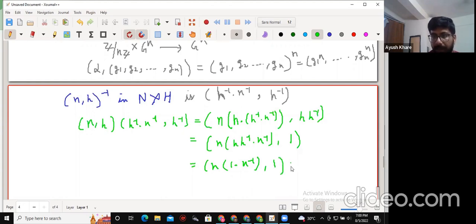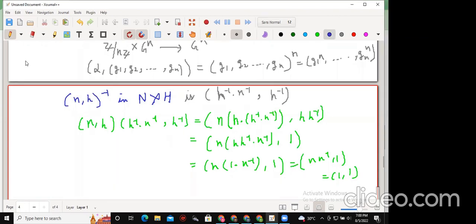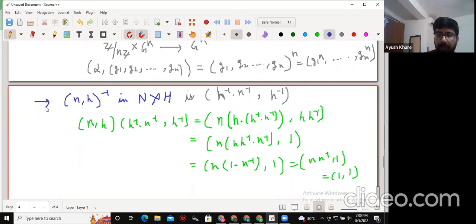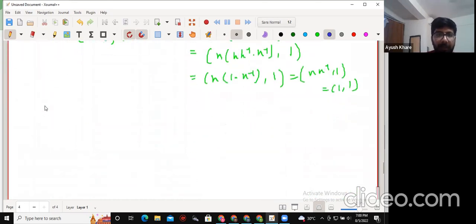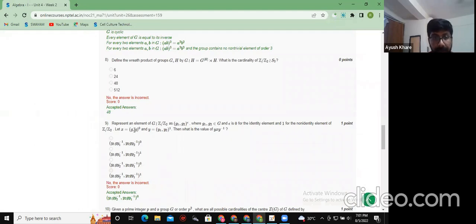So it is just N inverse, identity, which is identity comma identity. Yes, so you get the identity of this semi-direct product. So you all agree that this is the inverse. Yes, sir. Okay, so now you have the inverse, the definition of the group action, and the definition of semi-direct product, so you can compute.